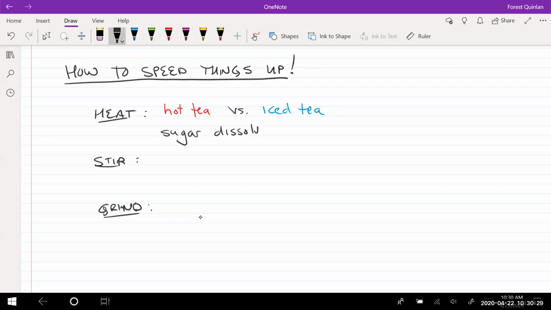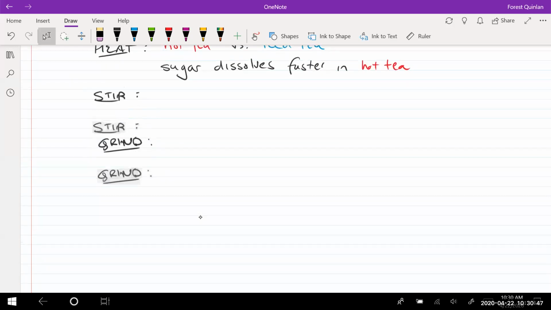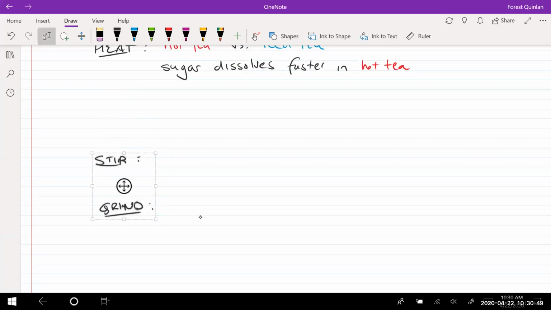Sugar dissolves faster in hot tea. That's a no-brainer. Now that we know the intuitive, remember I told you at the beginning of this class, I'm not going to tell you anything you don't know. I'm just going to tell you the why. So let's talk about the why.